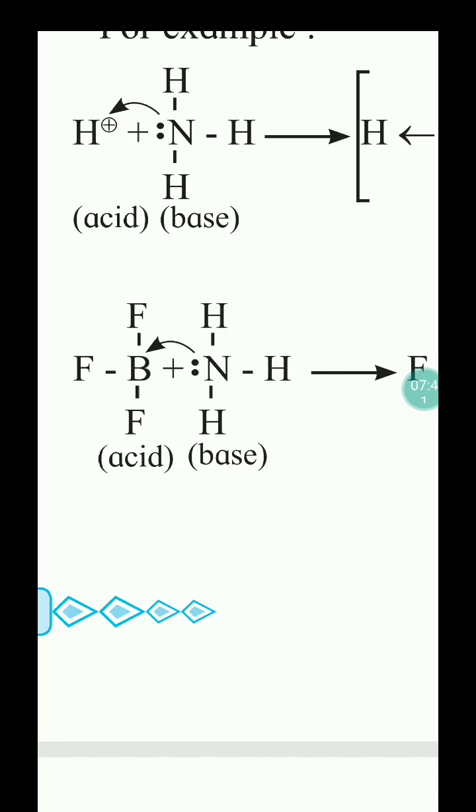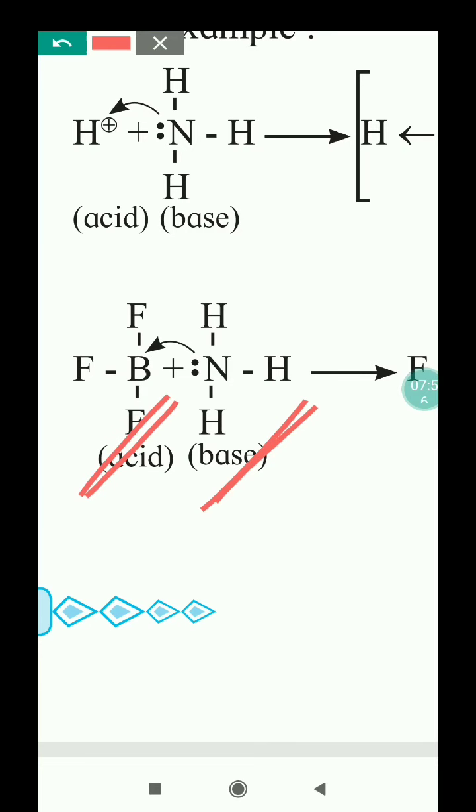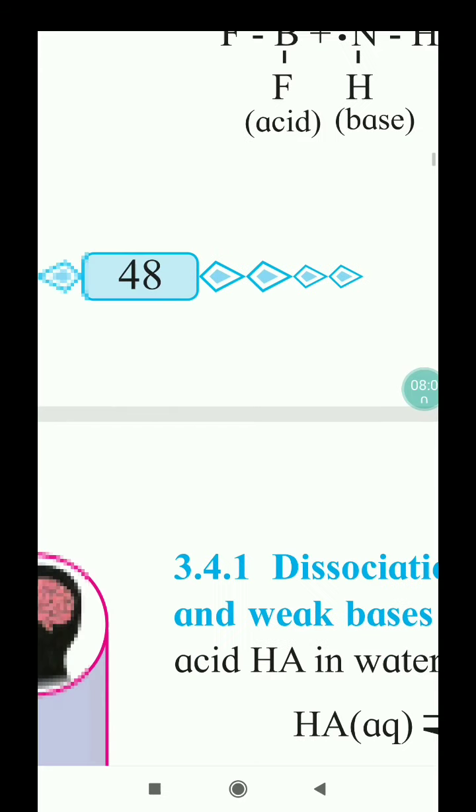Similarly, the lone pair of electrons from nitrogen in ammonia is donated to boron in BF3, and that's why the lone pair donor is called a base, this is the base, and the lone pair acceptor is called an acid. This is an acid-base pair.